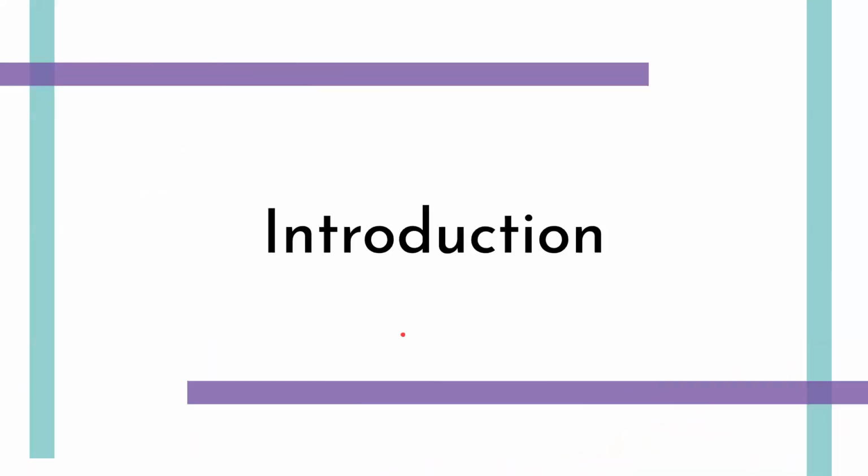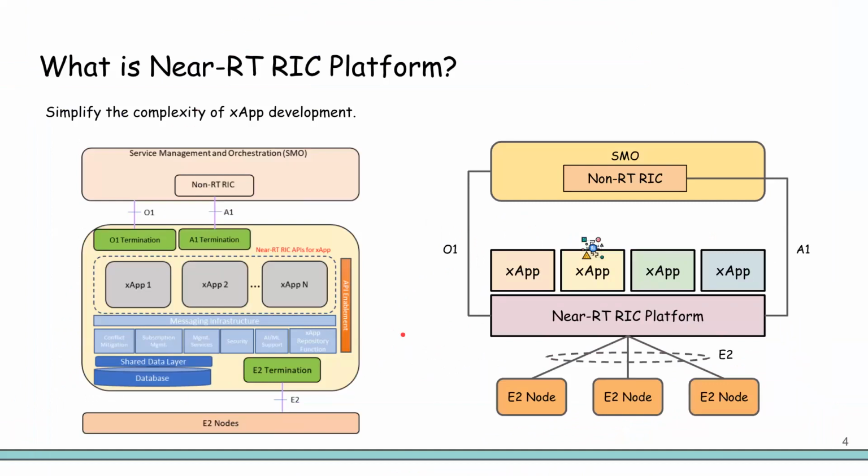So the first is the introduction. What is the Near-RT RIC platform? I think in the previous sections Winnie has shown very detailed information about the Near-RT RIC platform. So actually the Near-RT RIC platform is here.